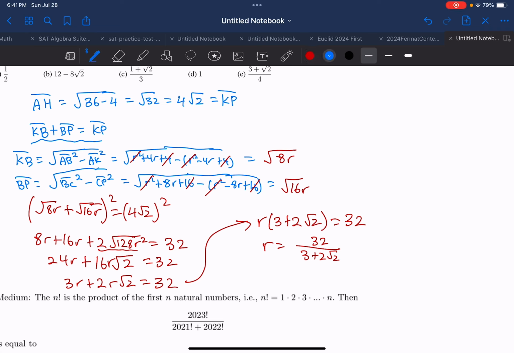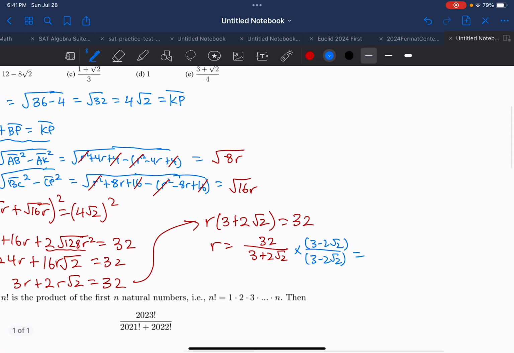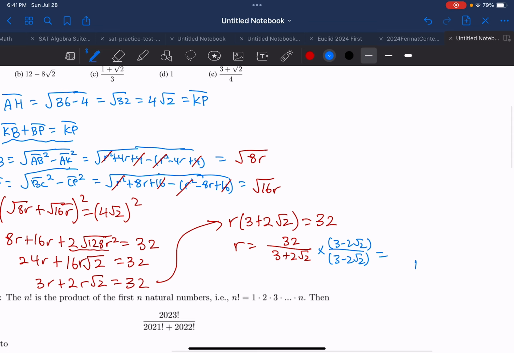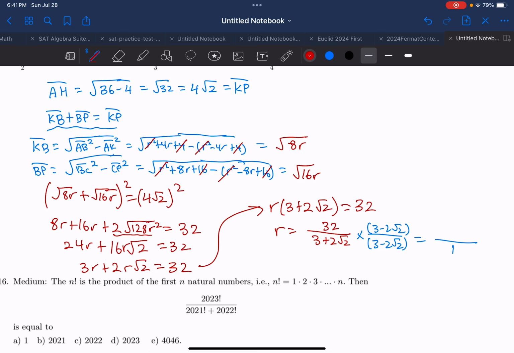So we will multiply both sides by the conjugate, which would give us 9 minus 8, which is just 1, over, oh, also, I forgot to divide both sides. I only divided one side.